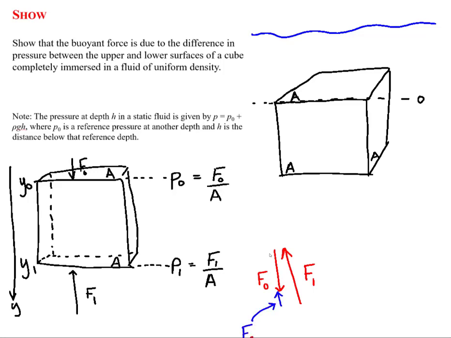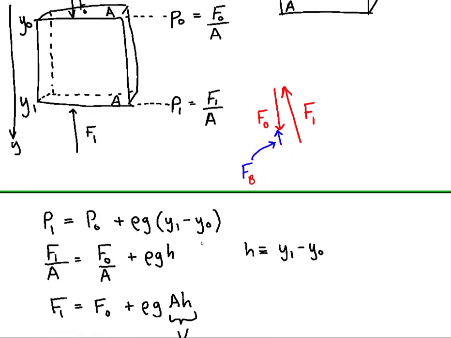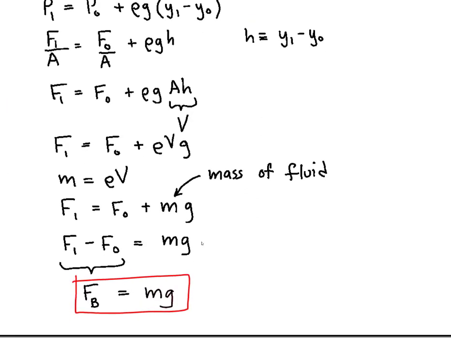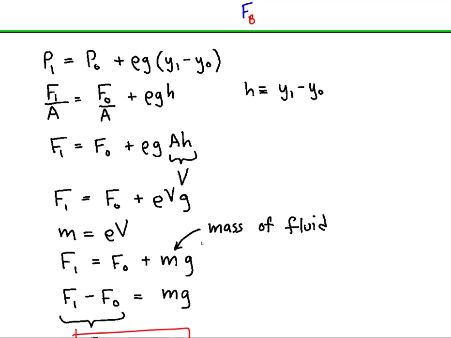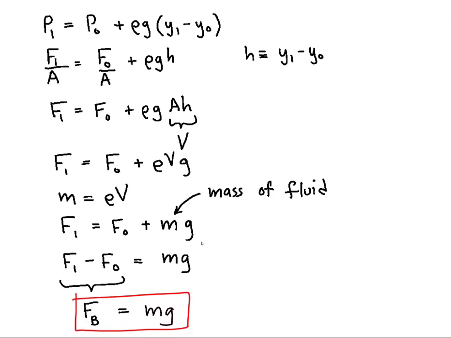And that is all due to the fact that there is a difference in pressure between the upper and lower surfaces of our object immersed in a fluid. Maybe a better way of saying that is that the buoyant force is due to the difference in pressure between the upper and lower surfaces of an object completely immersed in a fluid.